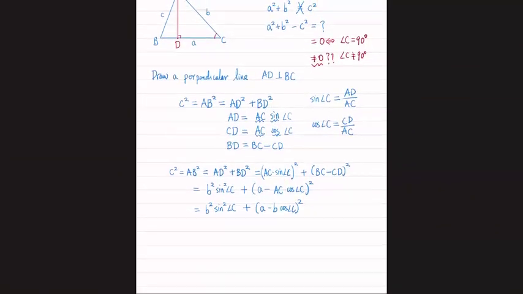Now a little bit of algebra. How do you distribute the square? You square the binomial. Okay, so how do we do that? You distribute the a to the a, the a to the b cosine C, and the same thing.